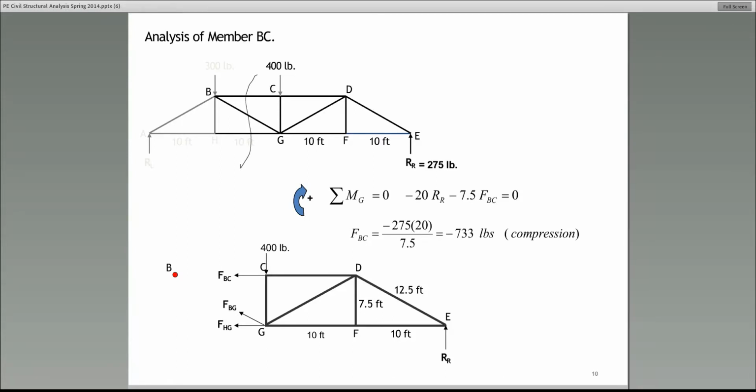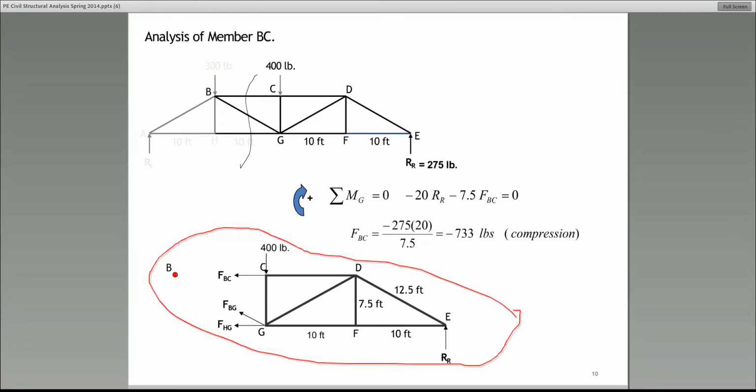You can see the free body diagram. In this case, I'm using the free body diagram to the right of the cut. It really doesn't matter whether you choose to use the one to the right of the cut or the left of the cut. If you do it correctly, you will find the right answers.